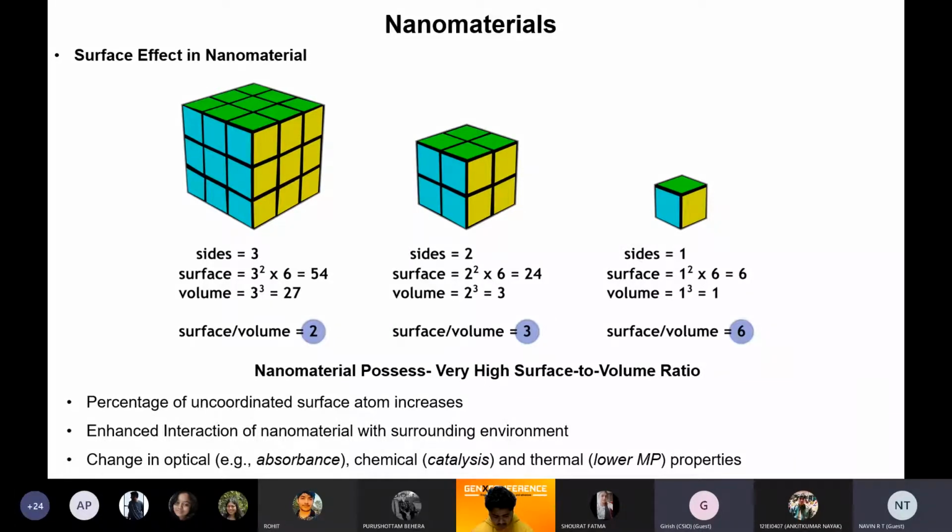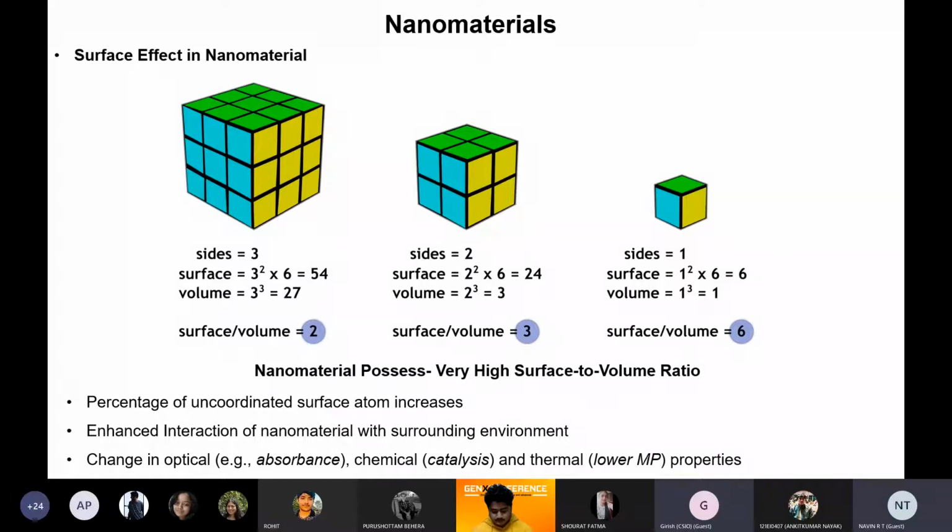Bulk gold does not absorb light in the visible range, whereas gold nanoparticles show a prominent absorption peak at around 520 to 550 nanometers, depending on the size of the nanoparticle. So there is a tremendous change in the optical property of the material when we go to the nanometer level.